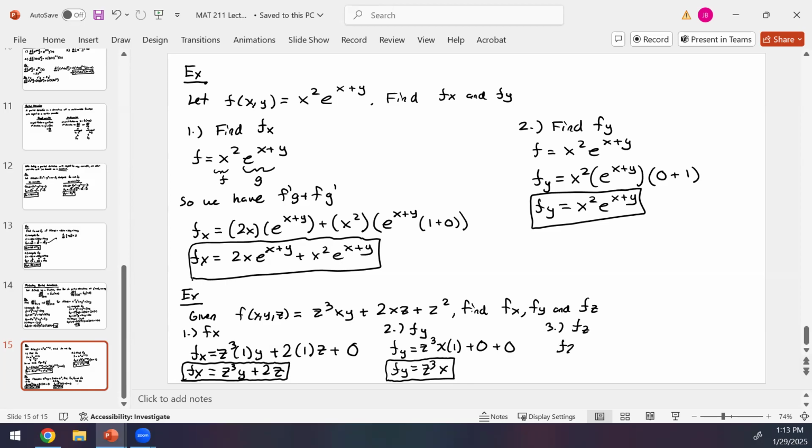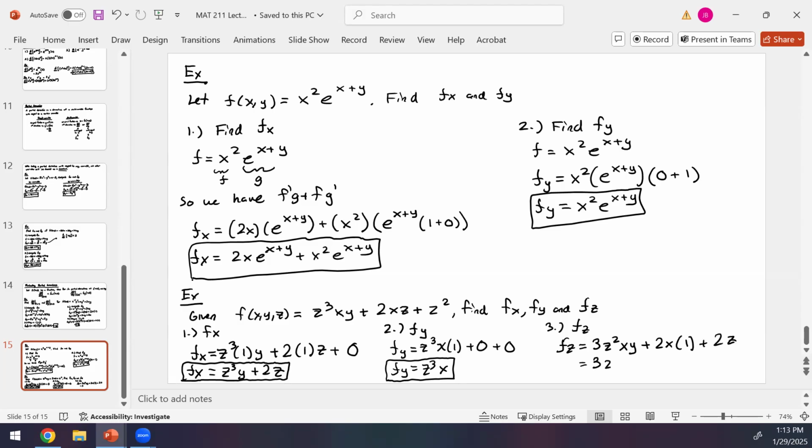So going through each one, z cubed will become 3z squared. X and y are just constants, so we tack them along. The next one has z, so that becomes 2x times 1, z becomes 1. And then the last one is just a z squared, so that becomes 2z.